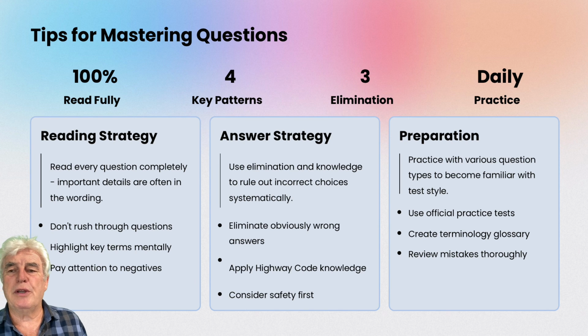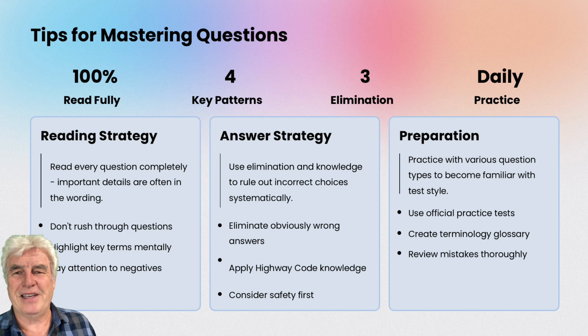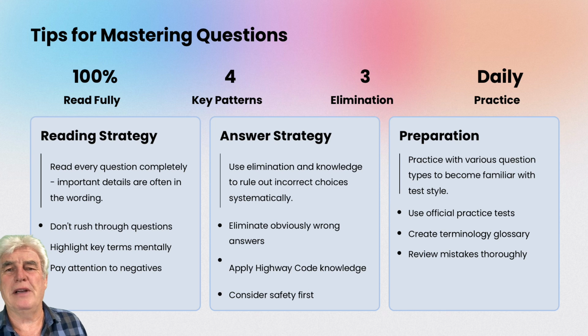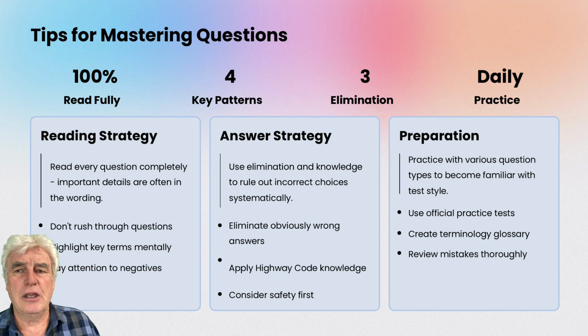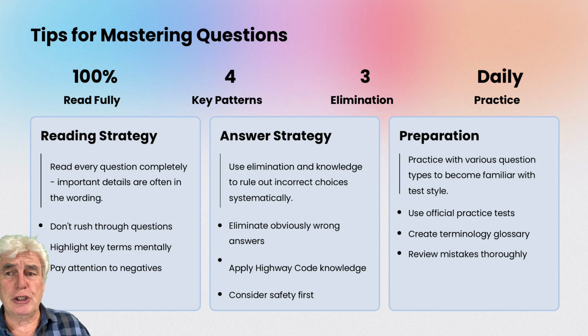Tips for mastering question structures and wording. Okay, these are quite important actually. Read every question in full. Don't rush. Important details are often in the wording of the question. Look for key words and phrases. Highlight or make a note of absolute, conditional, negative or comparative terms, as we discussed.